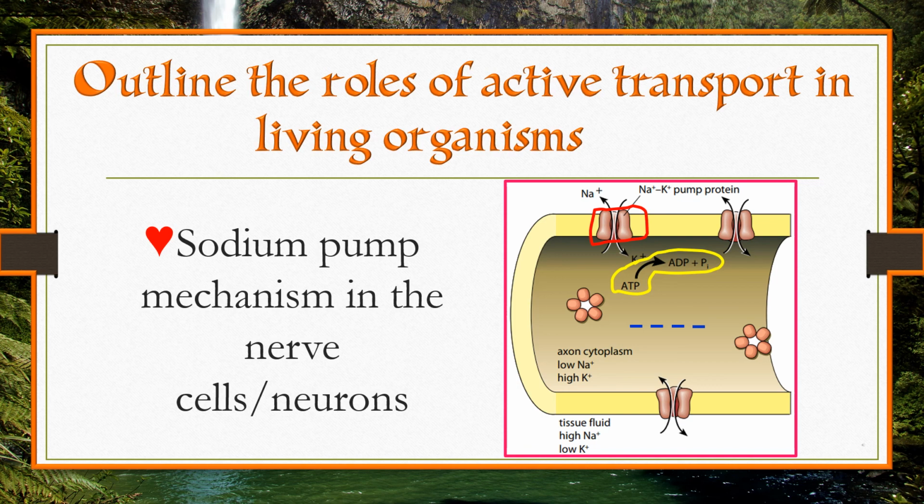And when the inside has gone back to its original or resting potential, we no longer need to use energy. We shall cut off the supply of energy, and then the pump will stop pumping sodium out and potassium in. That is how the inside is maintained at a negative potential. So we have seen that active transport is also involved in the sodium pump mechanism in the nerve cells or neurons.